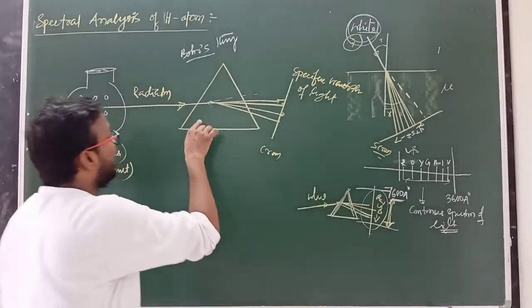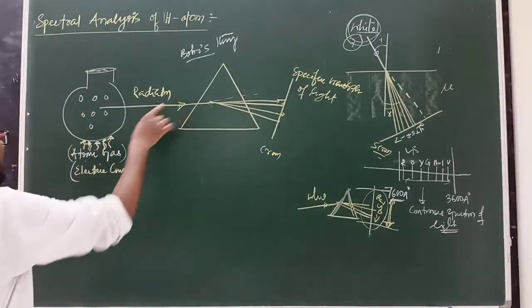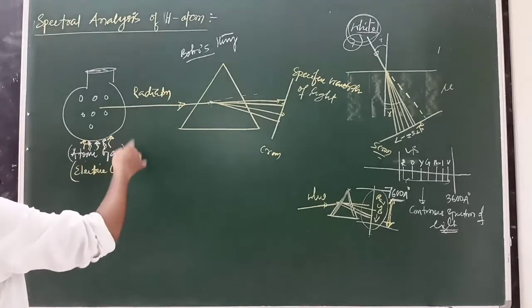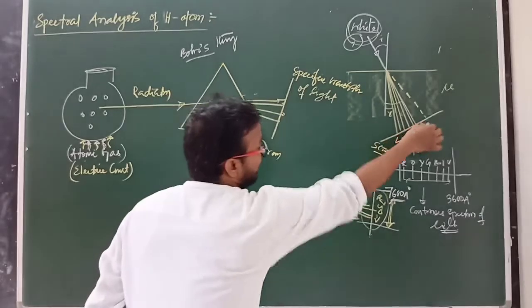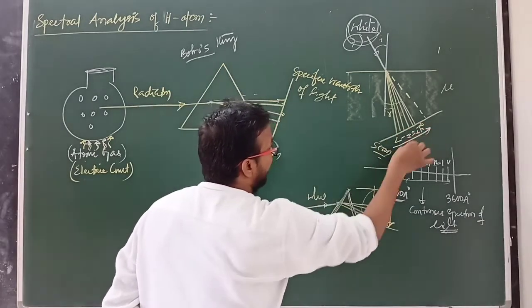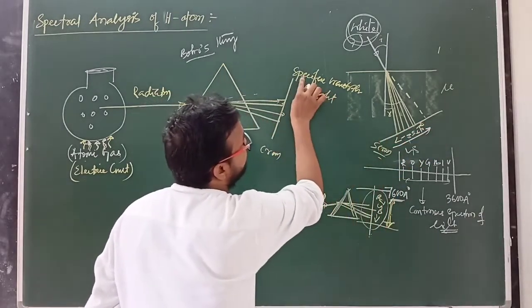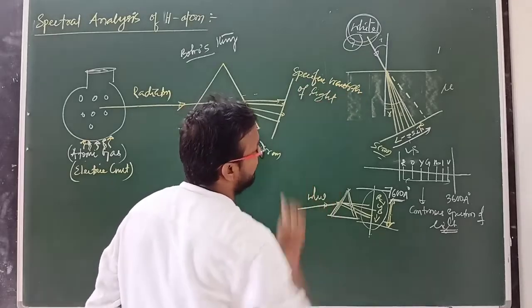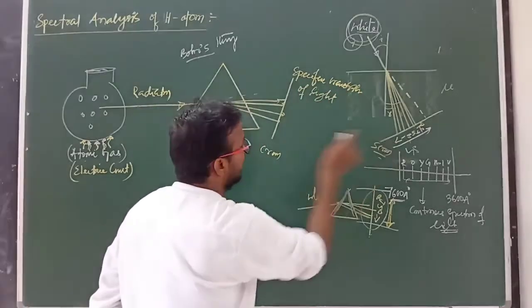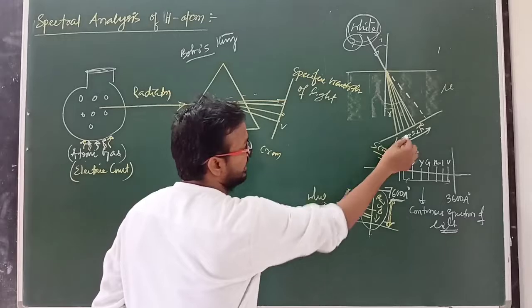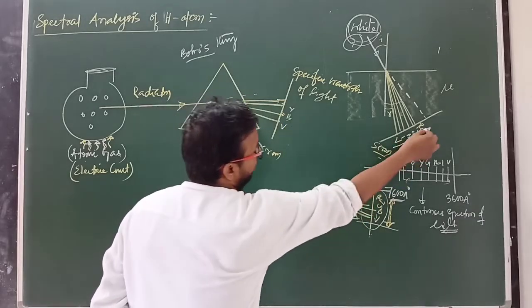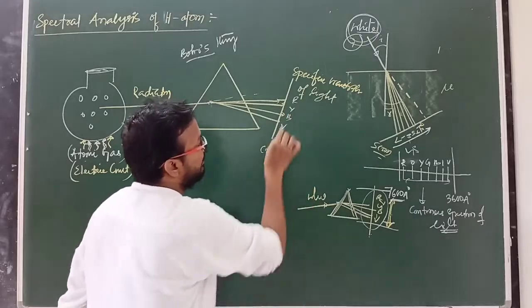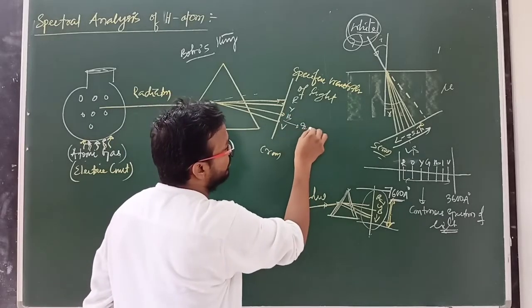But when we pass the radiation from the atomic gas after heating, we get a discrete, not continuous, spectrum of light, a specific wavelength of light. Specific means, suppose we get violet here, then blue here, then yellow here, then red here. Then where is indigo?